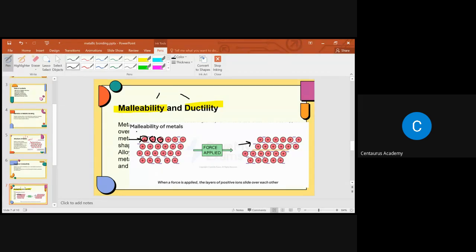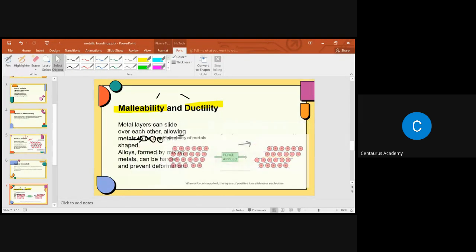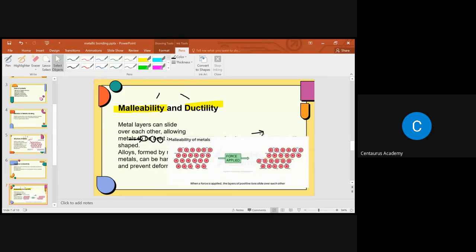That means it can be shaped into different structures, or it can be hammered to form different shapes. Okay, or they can be drawn into wires. So these are the two different properties of metals, and also that they're able to conduct heat and electricity.